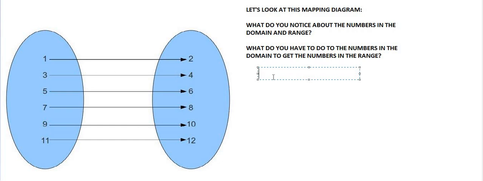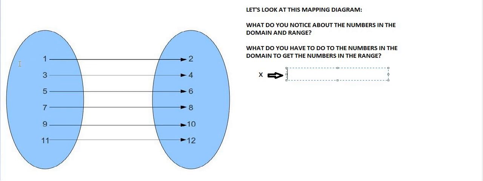So we can say that x maps onto x. So what did we do to the x to get the values?